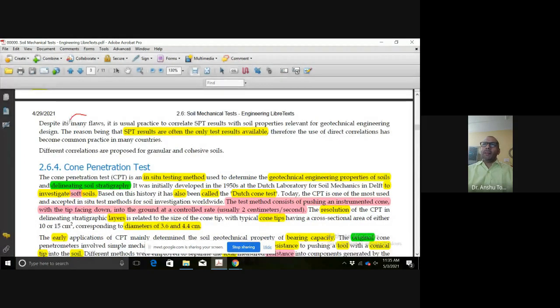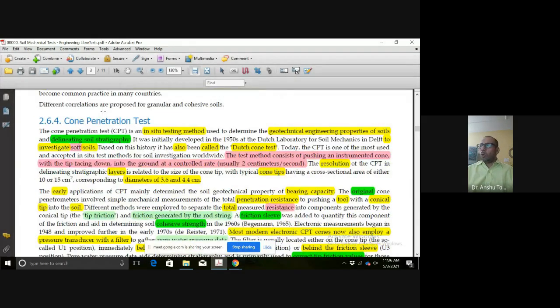Despite having many flaws in SPT results, for design purposes and evaluation of the soil strata they are still used tremendously because of the simplicity and inexpensiveness of the method, and the results are far more accurate compared to the real theoretical output.